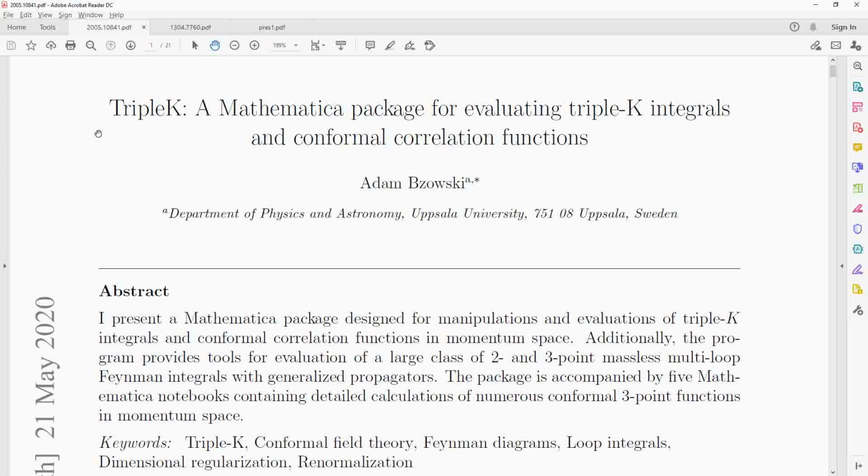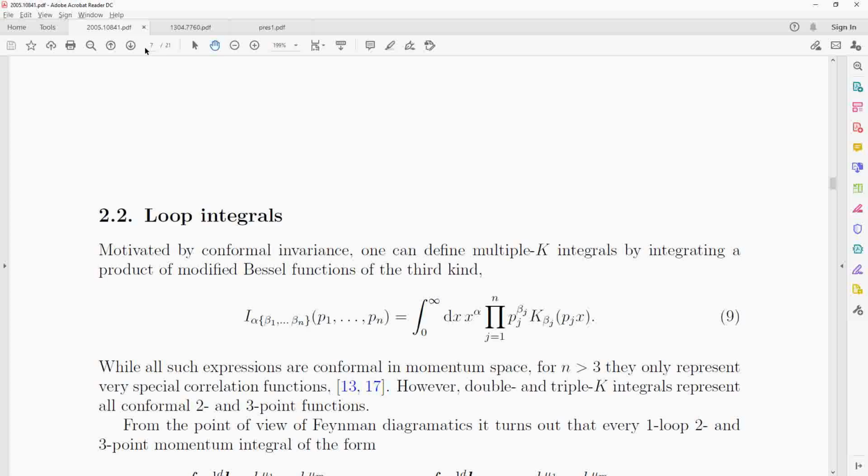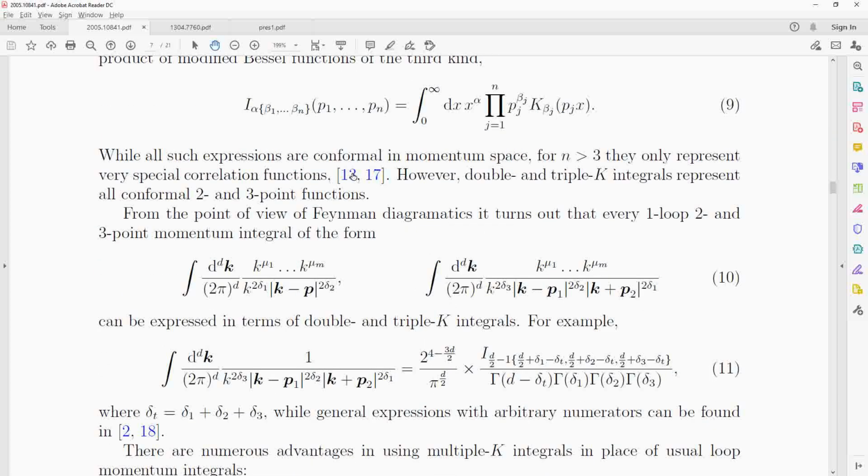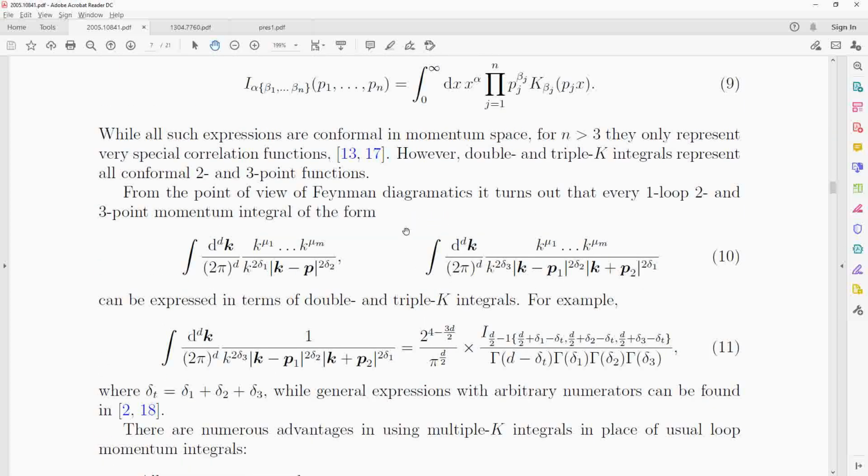Another application of TripleK integrals comes from the fact that many 2- and 3-point Feynman integrals can be expressed in terms of TripleK integrals, and these can be evaluated explicitly. So in particular, all these kind of integrals, so this is a 2-point function-like integral. We have 2 factors in the denominator, but with arbitrary powers and some numerator, and also the 3-point function-like integral, where you have 3 factors in the denominator with some arbitrary powers here and some numerator.